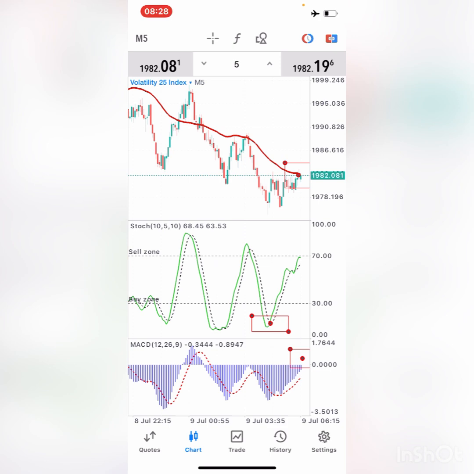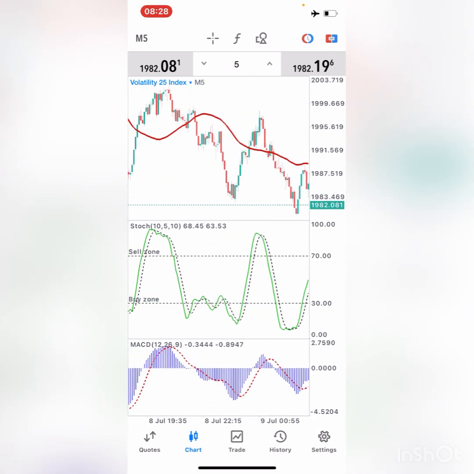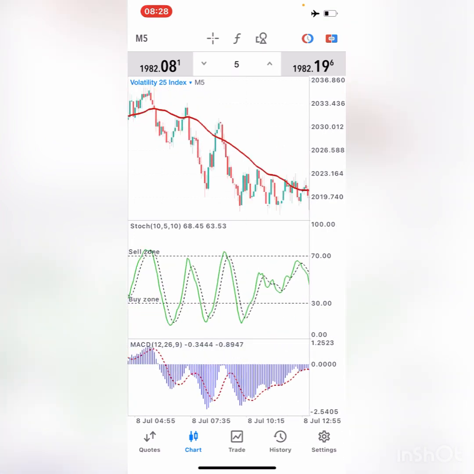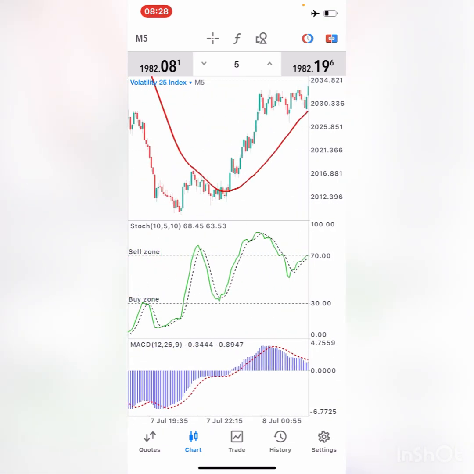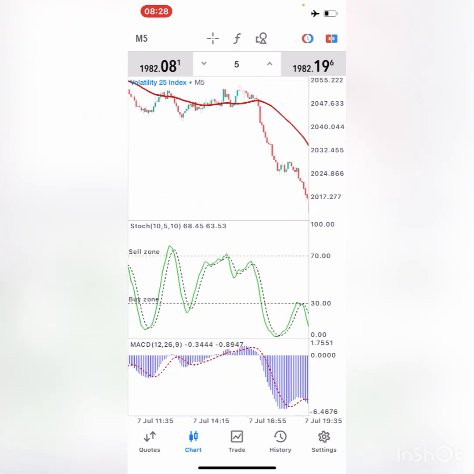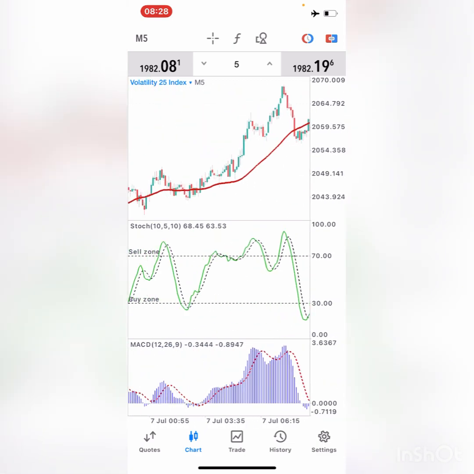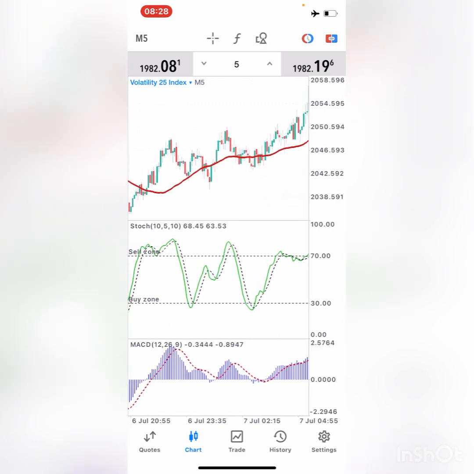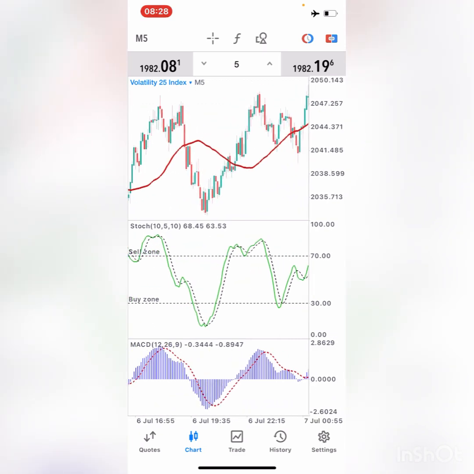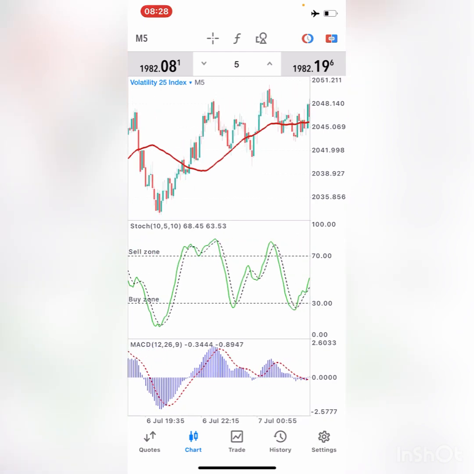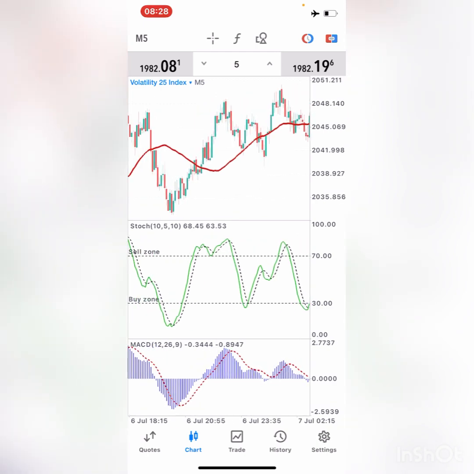So now let's take a look at an example where it actually happened, right? Let me look for a perfect example. Okay, something like this. So we say the first condition is what?